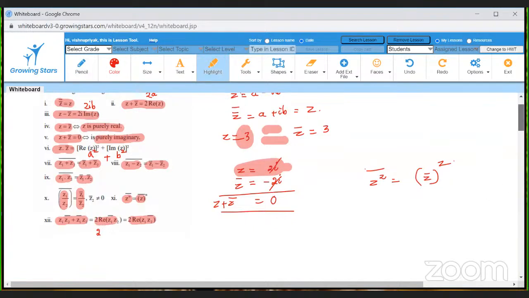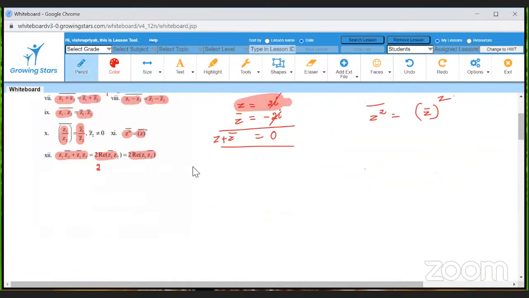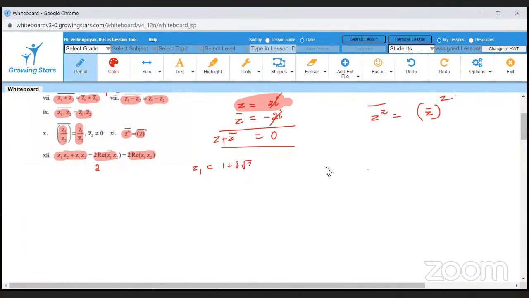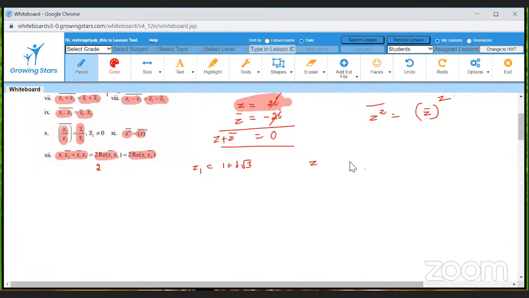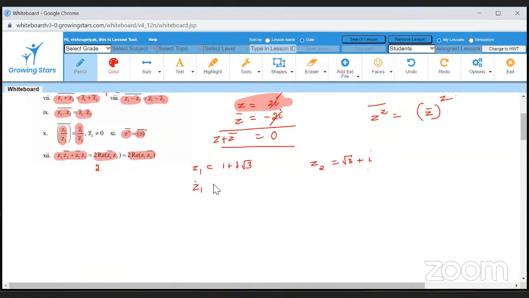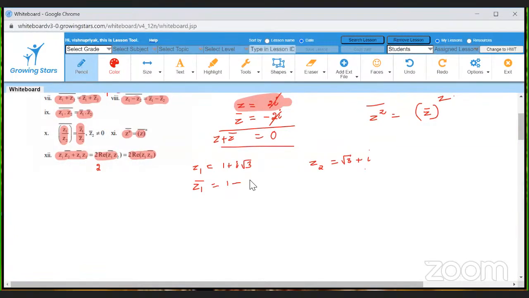This formula is used in shortcuts. Suppose I take z1 as 1 plus i root 3 and z2 as root 3 plus i. What is z1 bar? 1 minus i root 3. What is z2 bar? Root 3 minus i.